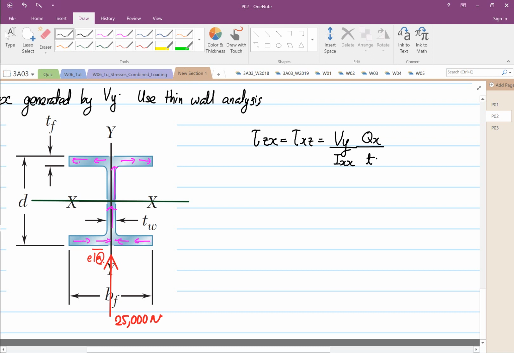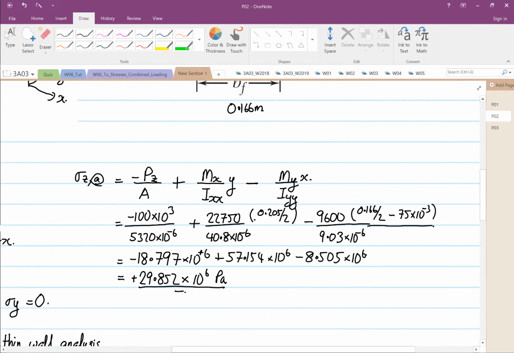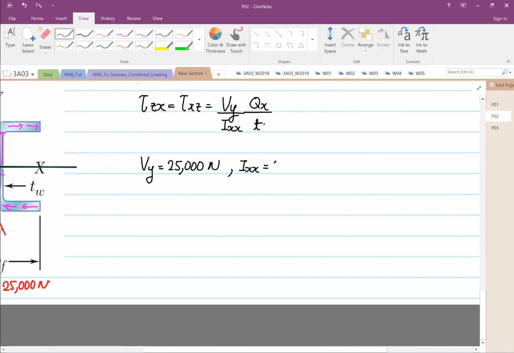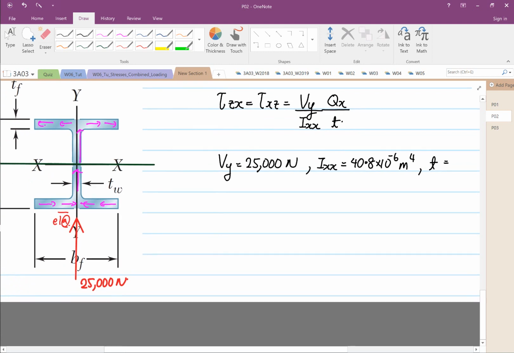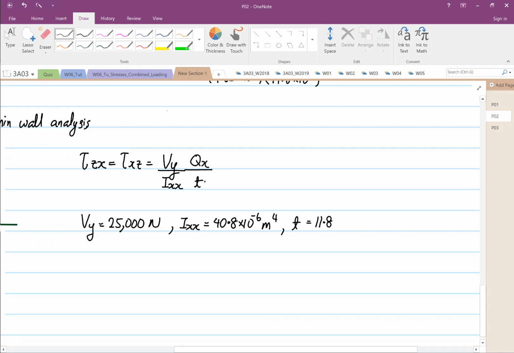Vy will be equal to 2,500 Newton. Ixx we also knew, it's 40.8 times 10 to the power minus 6. And the thickness over here is the thickness of the flange, the same as before, 11.8 times 10 to the power minus 3.